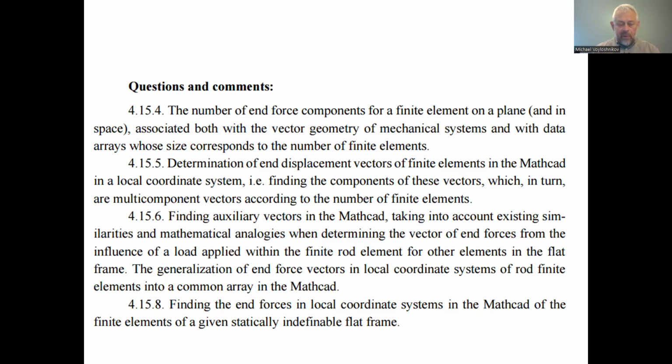4.15.h, finding the end forces in the local coordinate systems in Mathcad of the finite elements of the given statically definable flat frame. Yes, I did tell about it a little bit. So we have to find the beforehand decision. This is a benefit and a feature of the use of the finite element method, almost the same as sometimes the use of the displacements method in the decision of a statically definable mechanical system.